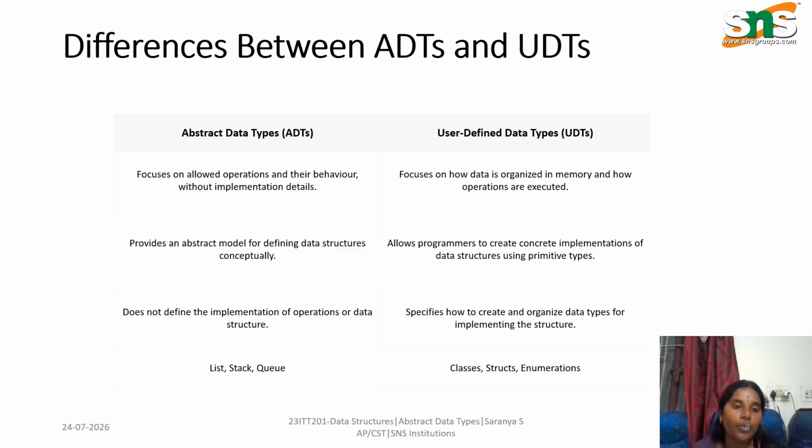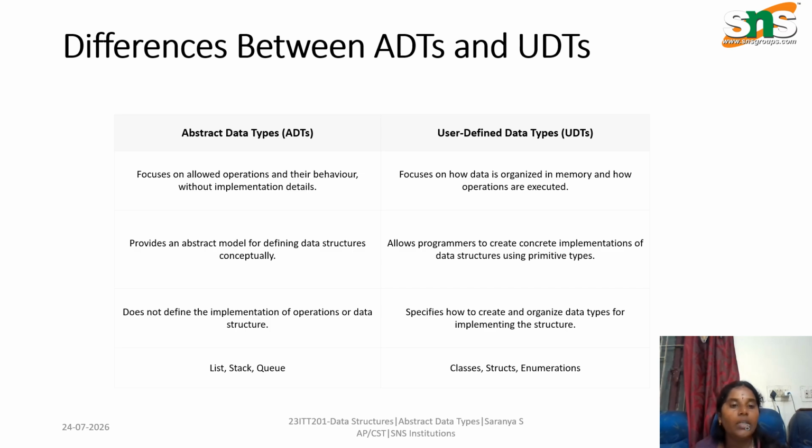An ADT provides an abstract model and defines the data structures conceptually, while a UDT is programmed to create a concrete implementation of a data structure from primitive types.